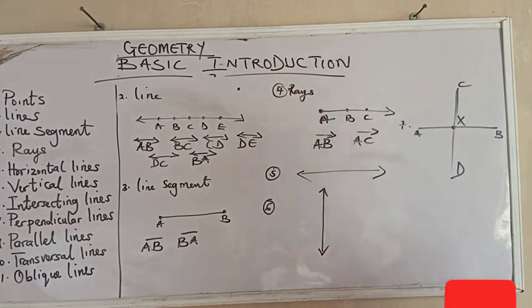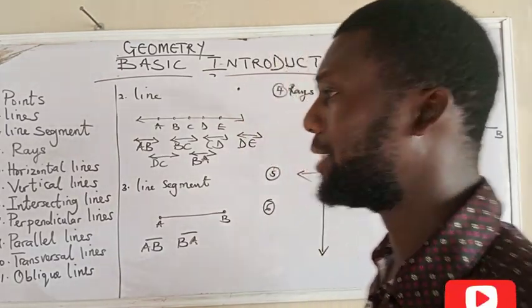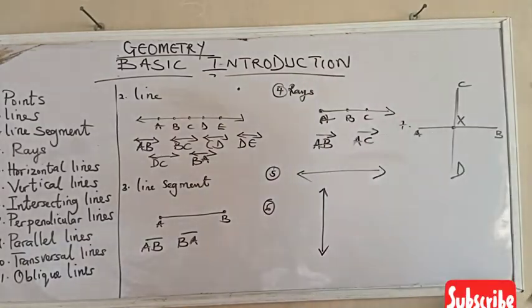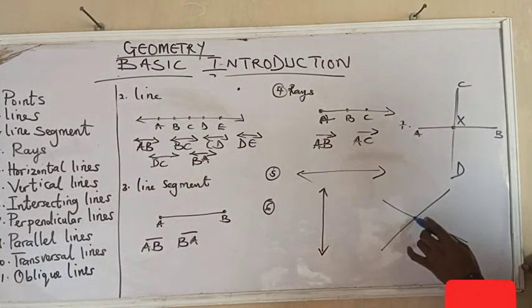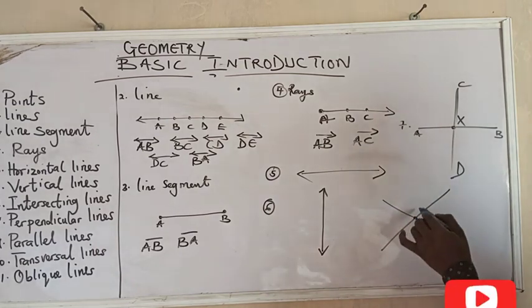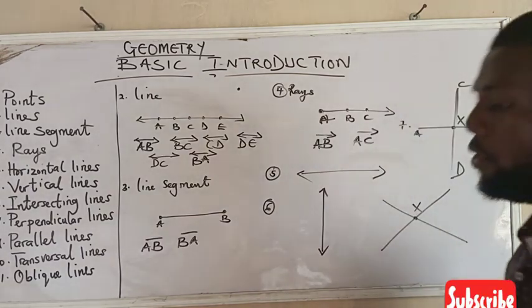However, for intersecting lines, it doesn't really have to be 90 degrees. It can be any angle. It can also be in this form. So far as they meet at a point, at the point of intersection, we can also call this an intersecting line.